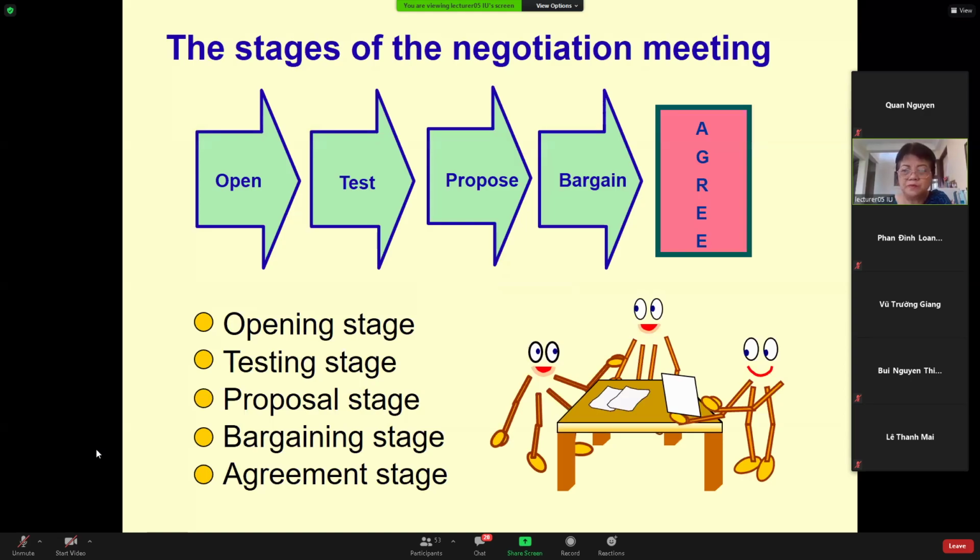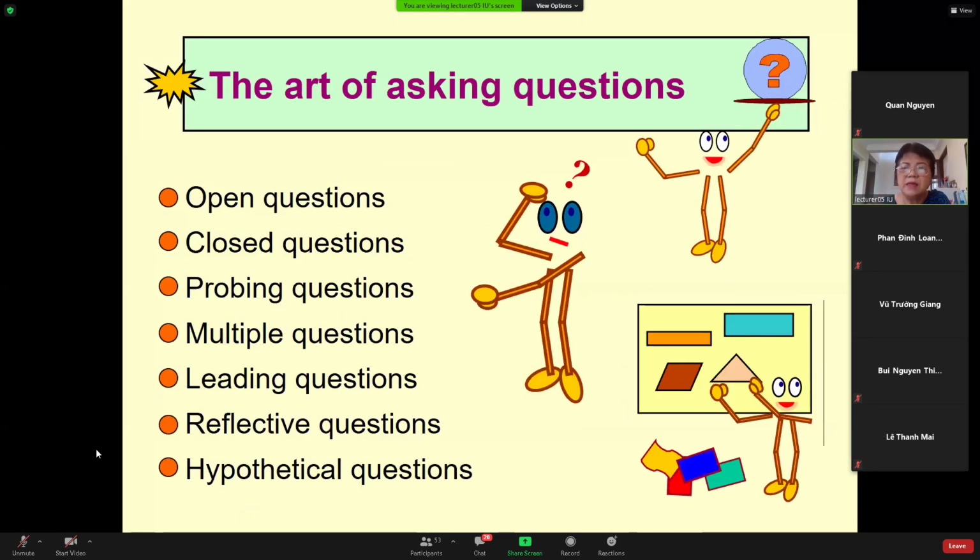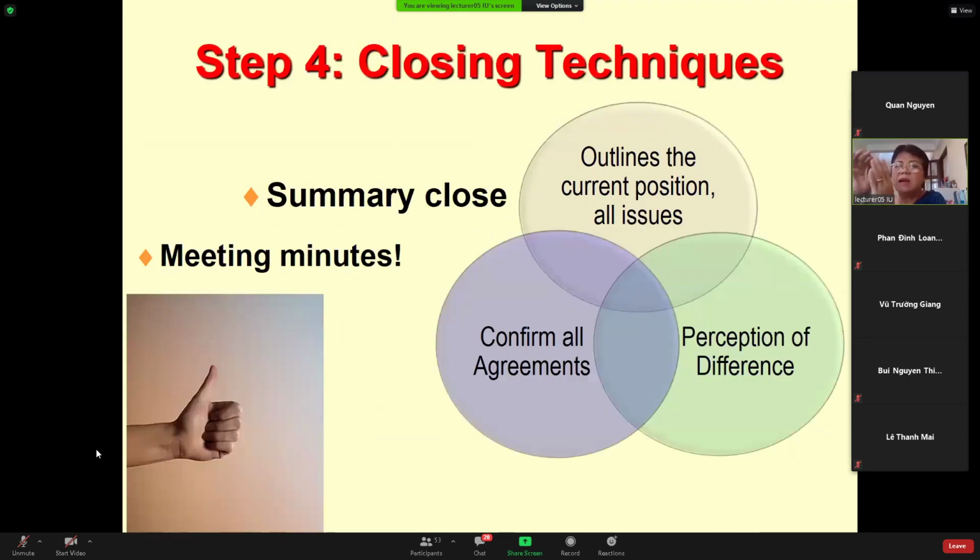Okay. And the negotiation meeting requires a lot of art. We call that art negotiation tactics.